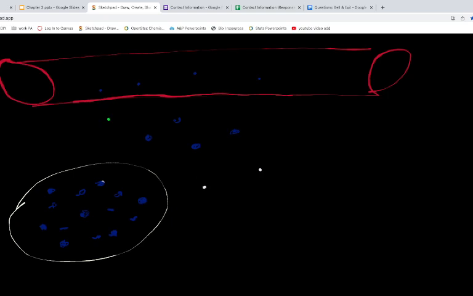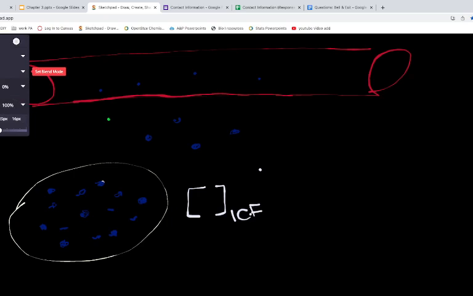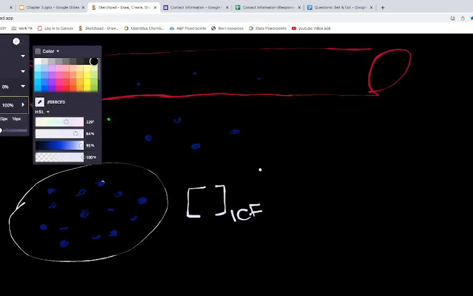So the concentration of our blue guy in the intracellular fluid, and then we're going to talk about the concentration of our blue guy in the extracellular fluid, and we'll talk about that in red.